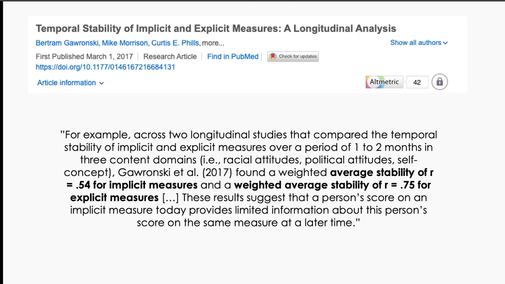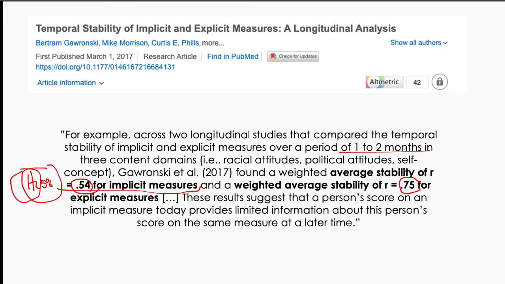The average stability for implicit measures, this is just for 1 to 2 month periods, is 0.54, so there's an overlap of about 25% between these measures. So there's a moderate correlation between my IAT now and my IAT next time, but it's not crazy high. It's not very stable, but for explicit measures, it's much higher.